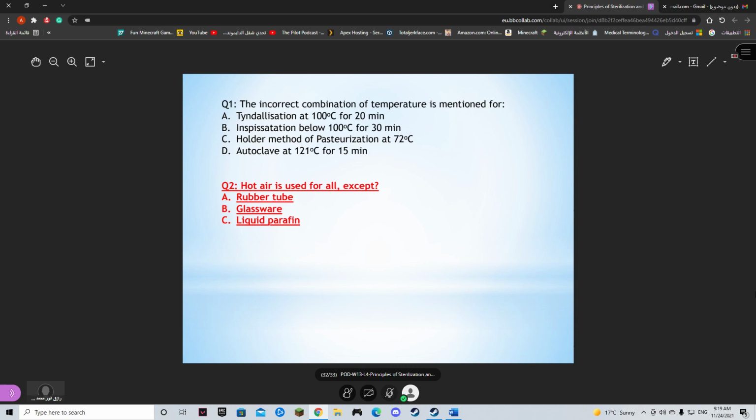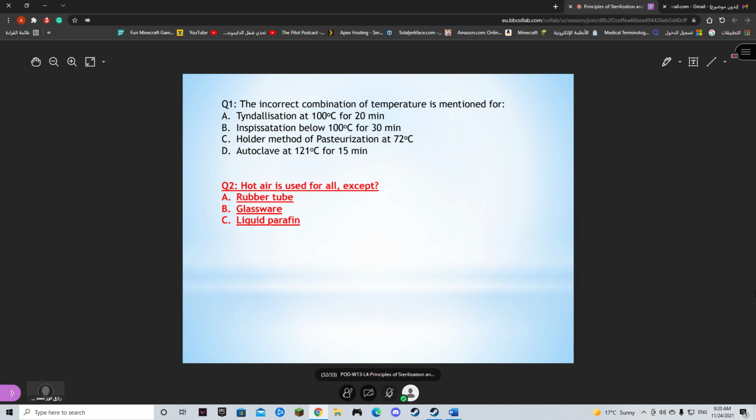Hold on a minute. 63, and I think 30. Actually, the Holder method is 63, meaning 30 minutes. The 72 flash method is for 20 seconds, and later rapid cooling at 13 degrees Celsius.